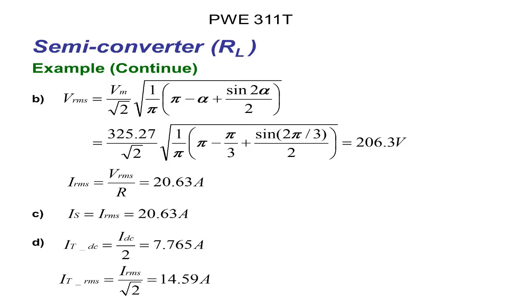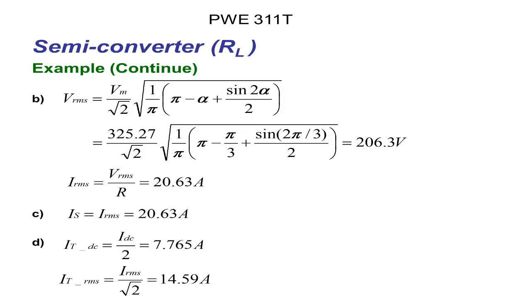Now, the VRMS, as we said before, will remain the same as VM over root 2 into the square root of 1 over pi into pi minus alpha plus sine 2 alpha over 2. When you substitute, you will get 206.3. So IRMS will be VRMS over R, which is 206.3 over 10, giving you 20.6.